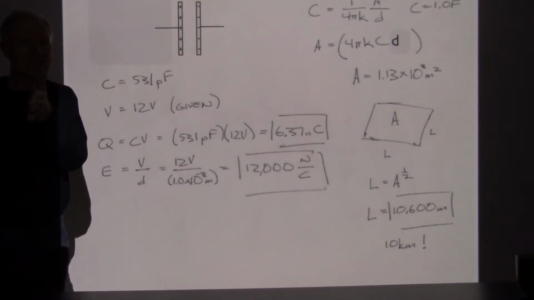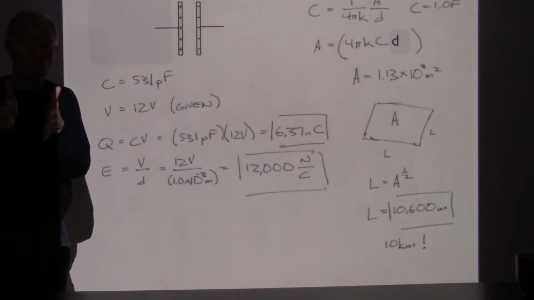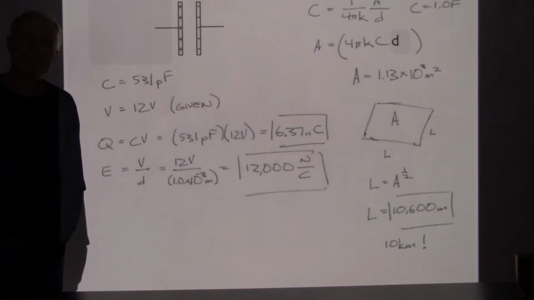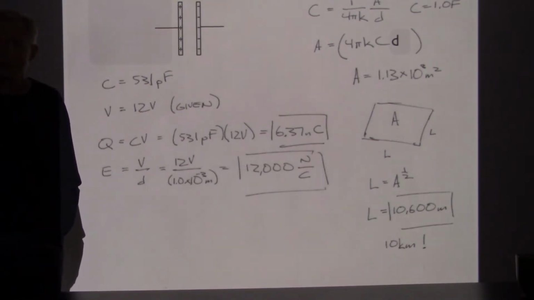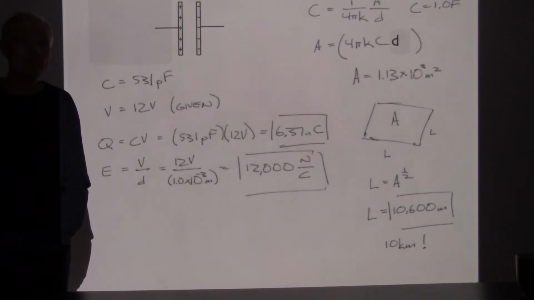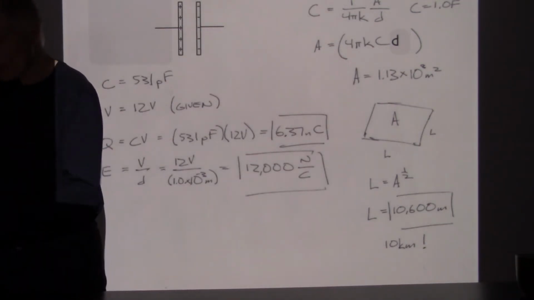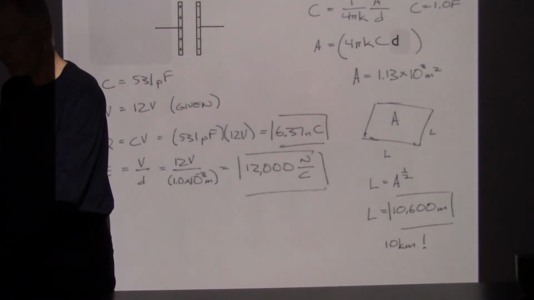Not only do we need some kind of an insulator between the plates to make sure they don't come into contact with each other, they've got to stay separate. The presence of that insulator actually boosts the capacitance by a significant amount. Okay, so yeah, this capacitor we just designed doesn't seem very practical.